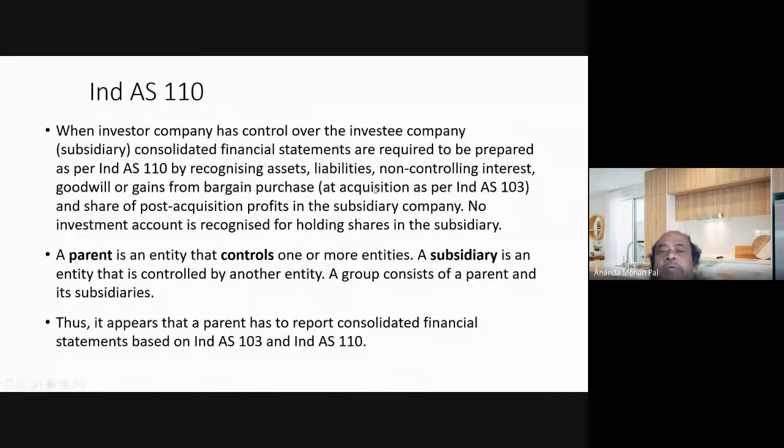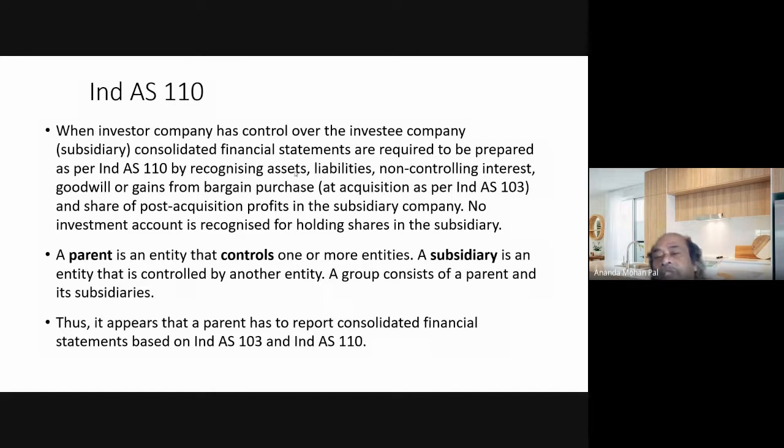Other items would be at acquisition whatever you get, and thereafter, post-acquisition, whatever change in assets, liabilities, non-controlling interest, everything would be recorded. But only goodwill and gains from bargain purchase would be at acquisition. What you measured, that you have to put in your consolidated balance sheet.